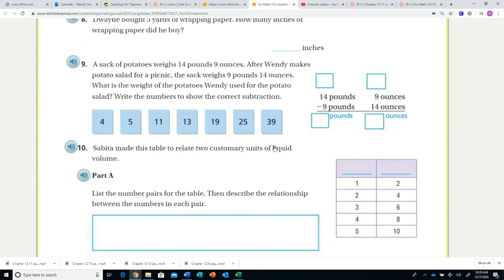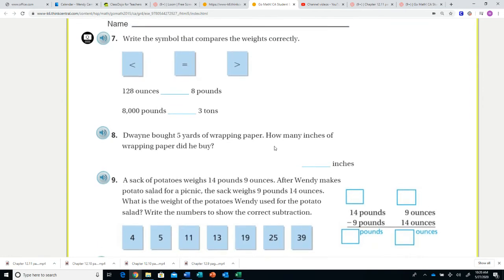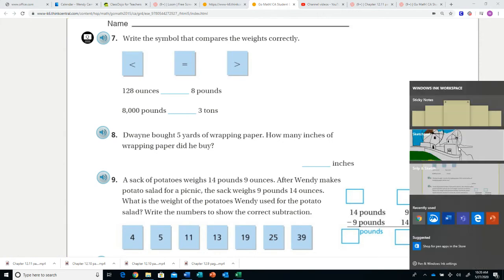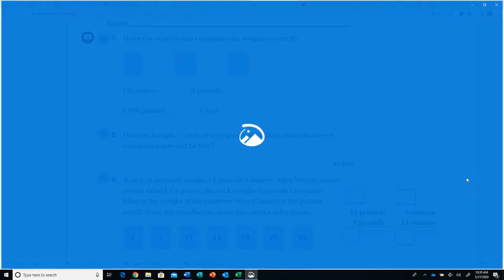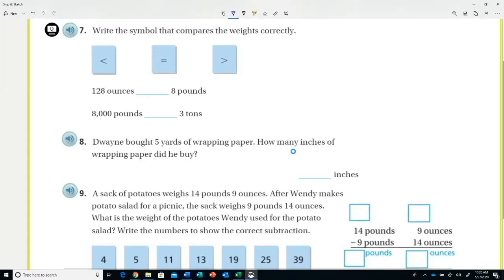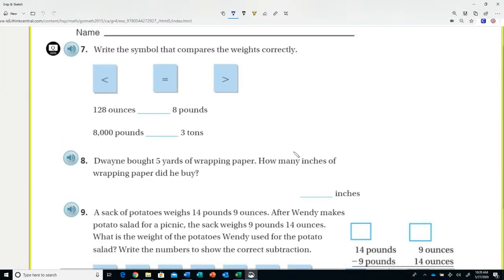All right, let's get to 10 and we'll end this half of the video. Write the symbol that compares the weights correctly. 128 ounces versus 8 pounds. Is that less than, equal to, or greater than? So I'm going to change my pounds to ounces and say that there are 16 ounces in a pound times 8 pounds. 8 times 6 would be 48.